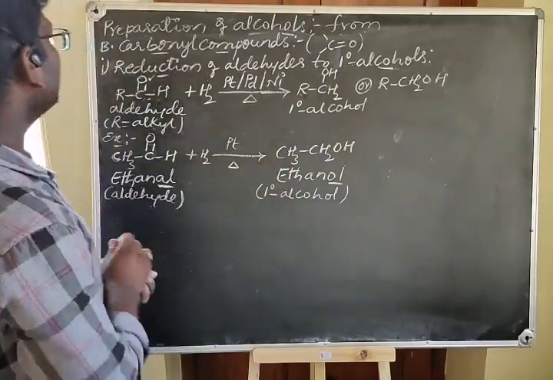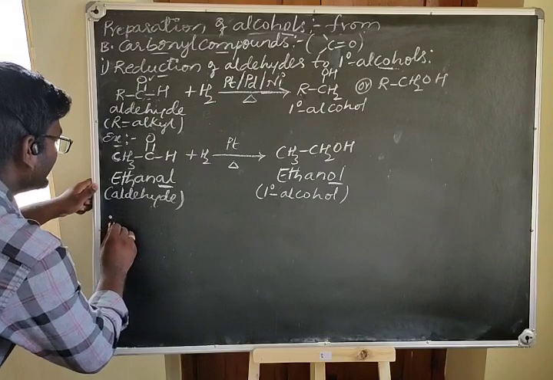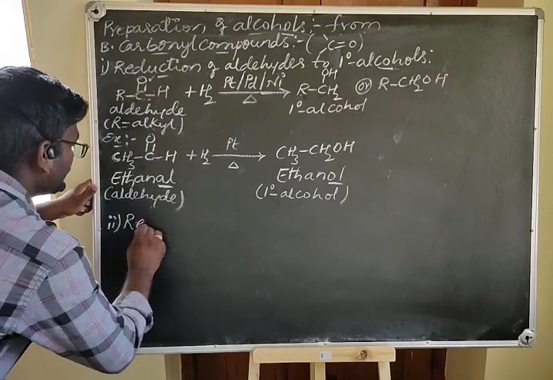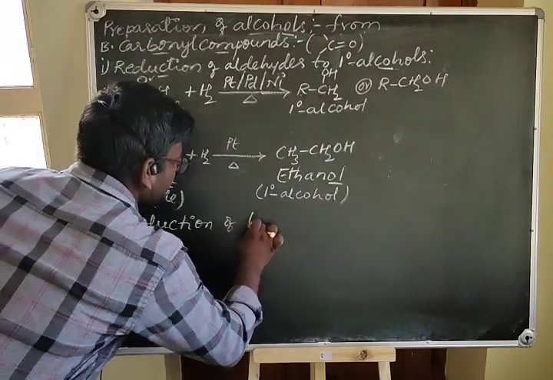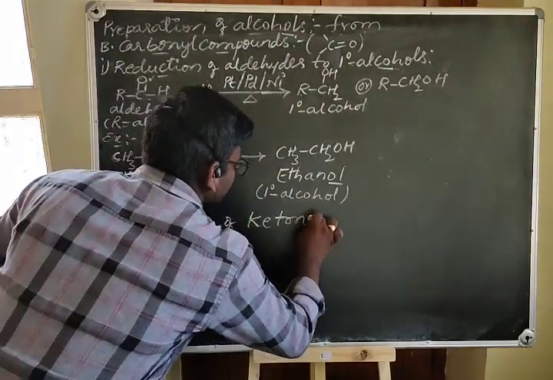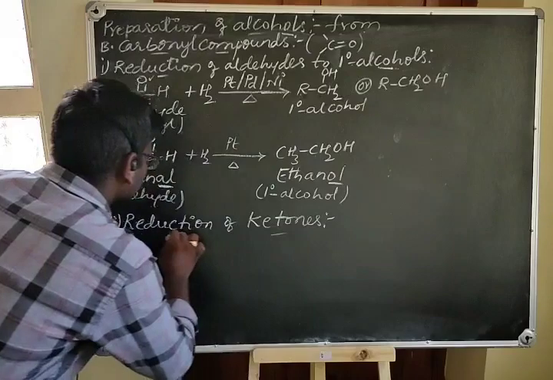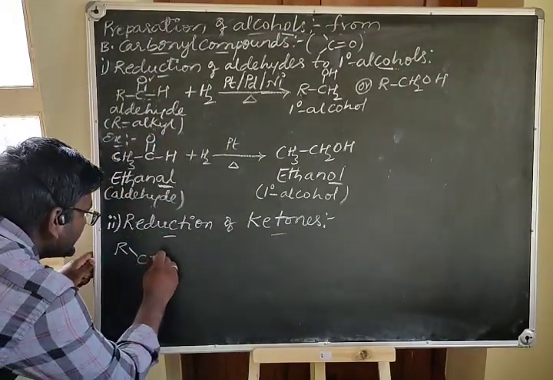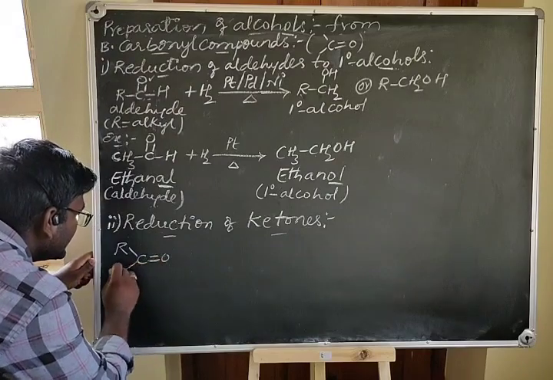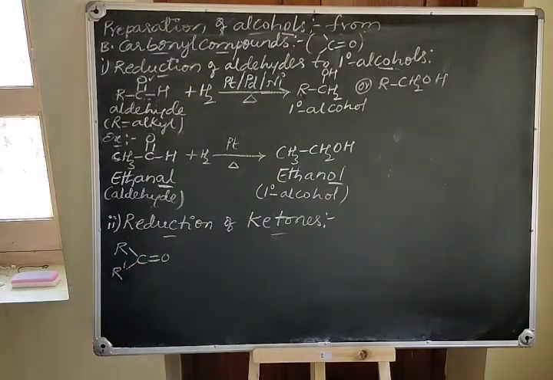Similarly, let us consider the reduction of ketones. Let's take the general reaction for reduction of ketones like this: R C double bond O R dash.